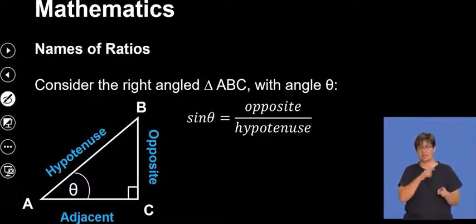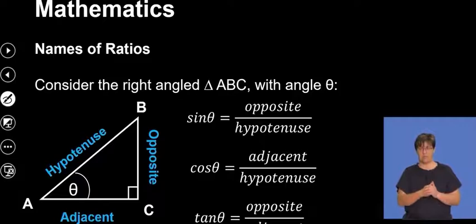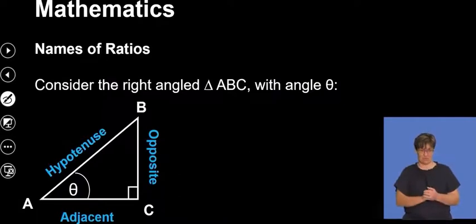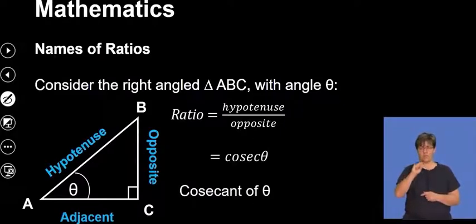Now, consider the right angle with now angle theta. A quick summary of what we've spoken about: my sine of theta will be opposite over hypotenuse, my cos of theta will be adjacent over hypotenuse, my tangent of theta will be opposite over adjacent. Now, if it's hypotenuse over opposite, remember I said upside down, we call this cosec, and the full word for it is cosecant of theta.